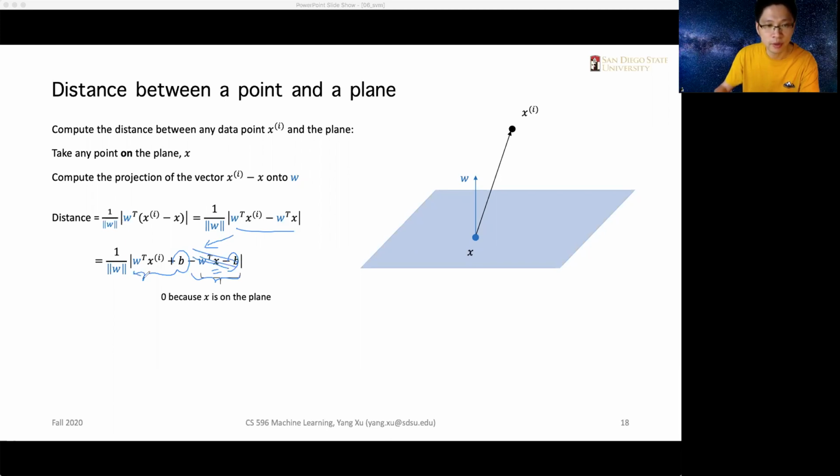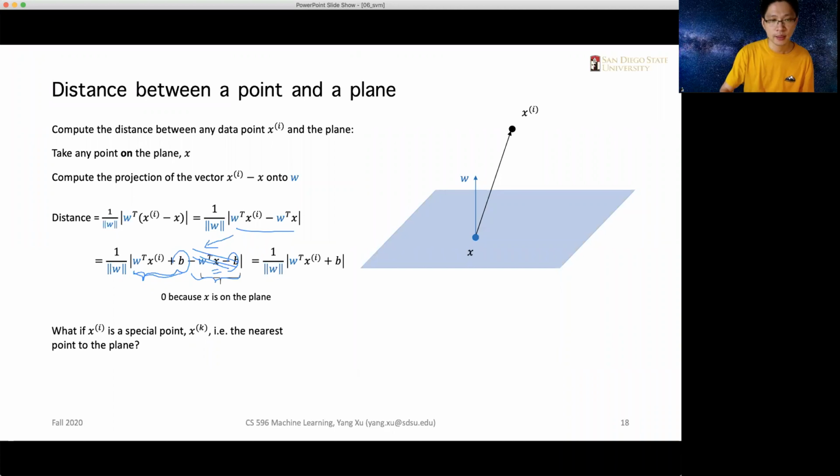And then the only part left is the one before, okay? So now we use another trick which we set beforehand. We make sure that for the nearest data points, the value of this expression is 1, because that's the limit we set.